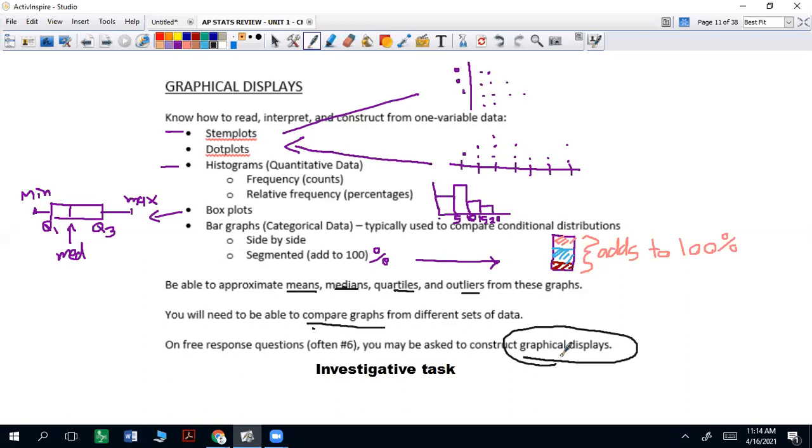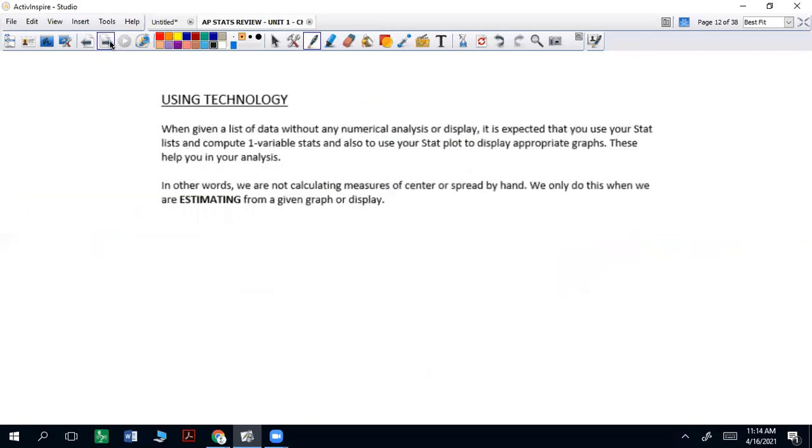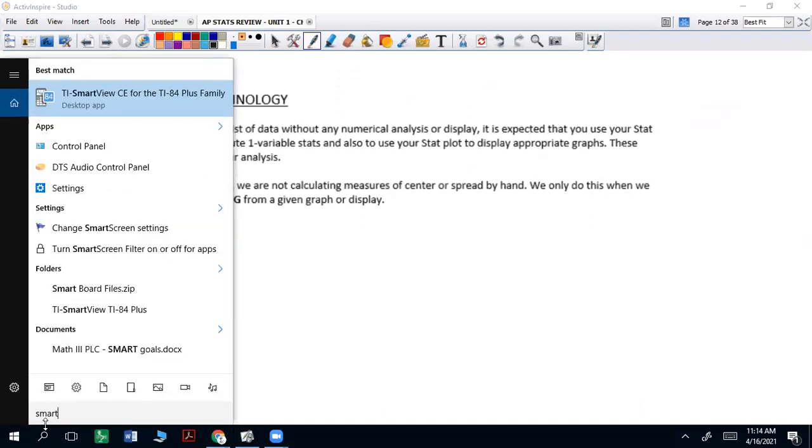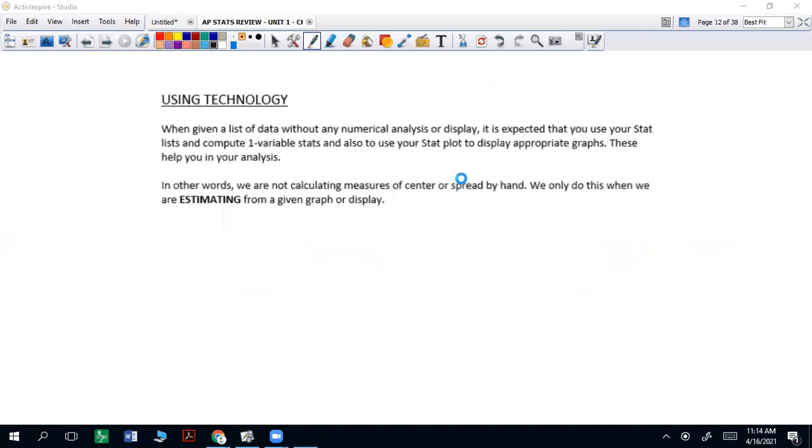All right, that was quite a bit on that. So let me kind of just finish up with the technology piece. If you're given just a list of data, use your stat list to do one variable stats. When you throw out your calculator, just know how to access your stat menu, know how to put in data.